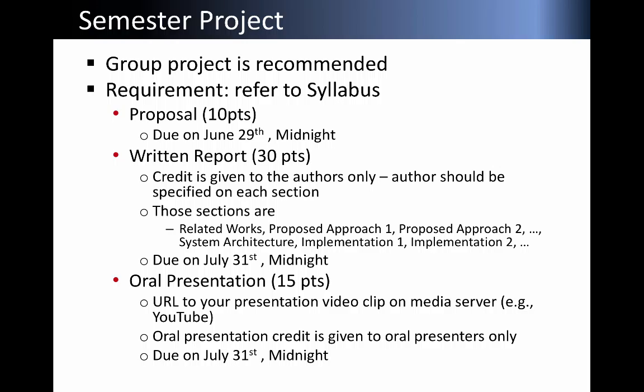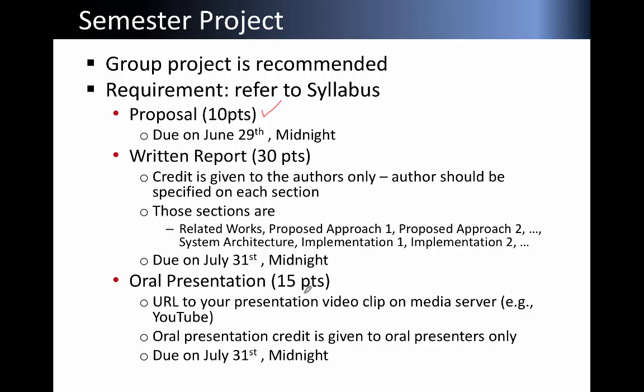But before we go all such, you need to do a proposal. Proposal is 10 points. See here, total 45. Wait a minute, is it 45? Okay, 45. 30, 10, 30, wait a minute, 40 and 55.